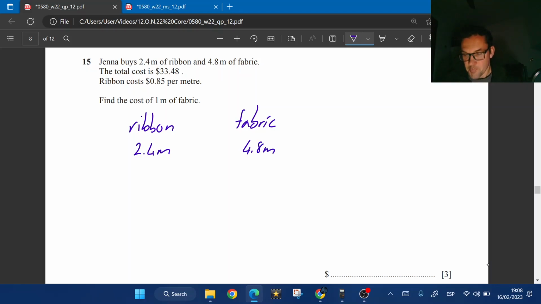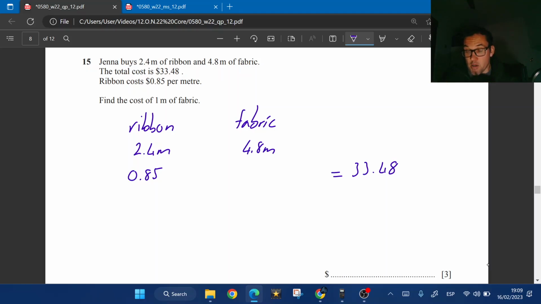Now the total cost is 33.48. The ribbon costs 0.85 per meter. Find the cost of 1 meter of fabric. Now that we sorted things a bit more clearly, we can see that 2.4 meters goes with the 0.85.